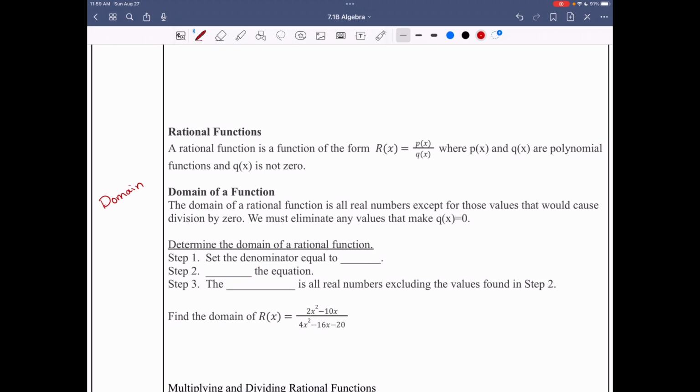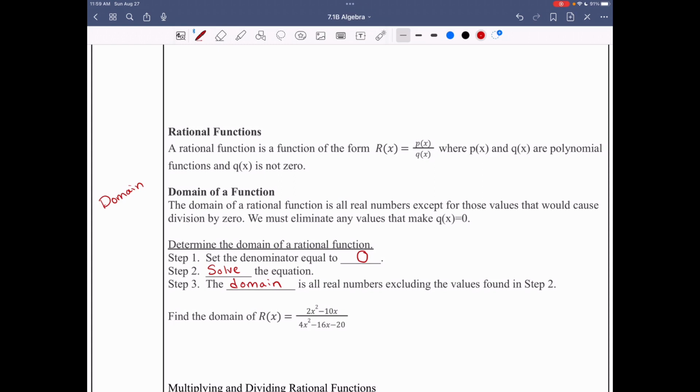We must eliminate any values that make Q of x 0. And to figure out the domain, we set the denominator equal to 0, then we solve the equation, and the domain is all real numbers excluding the values found in step 2.